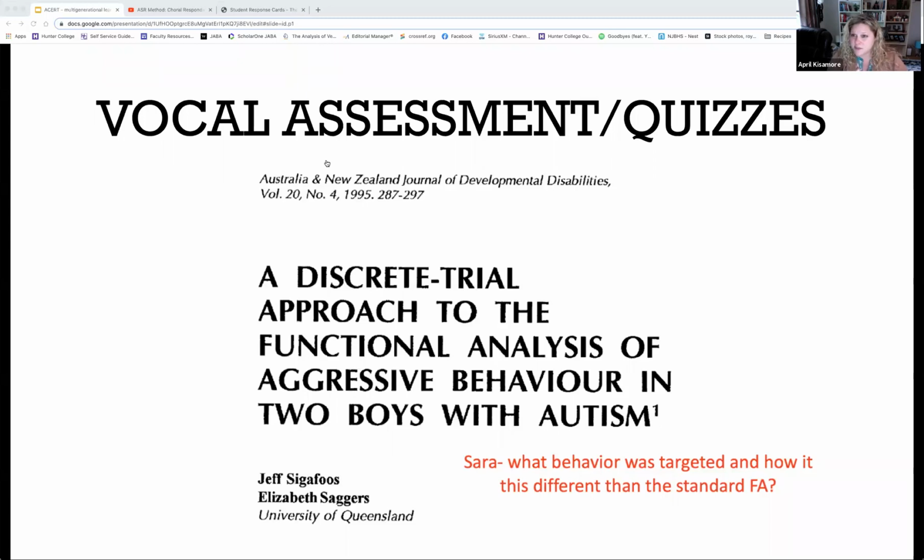You can let students prepare for these types of activities ahead of time by having them review their guided notes in those interteaching groups. Typically when I do this, the students don't know exactly which question from their guided notes will be the one that they get asked in class, but they know that the assessment is coming that day because it's clearly indicated on the syllabus. It'll say, we're having a vocal assessment on Tuesday.